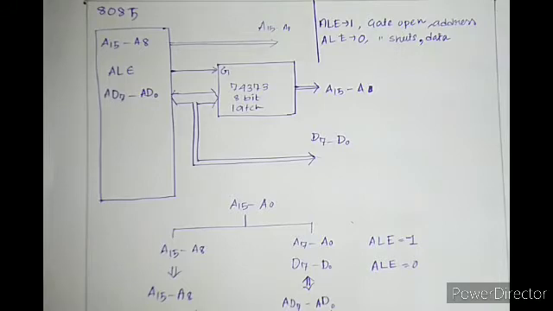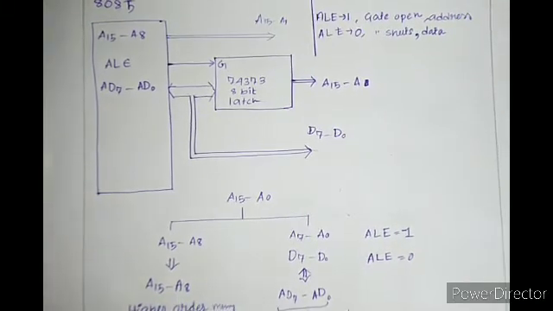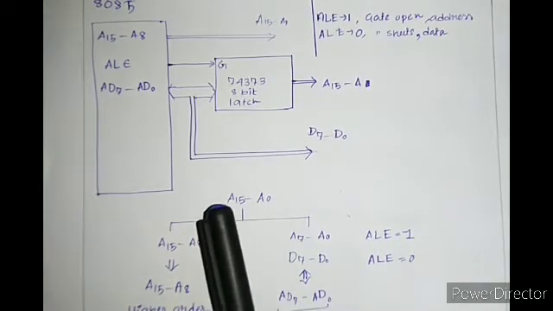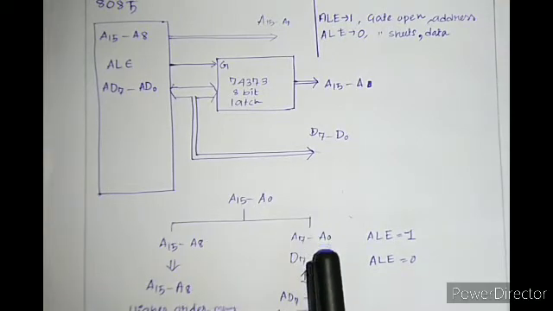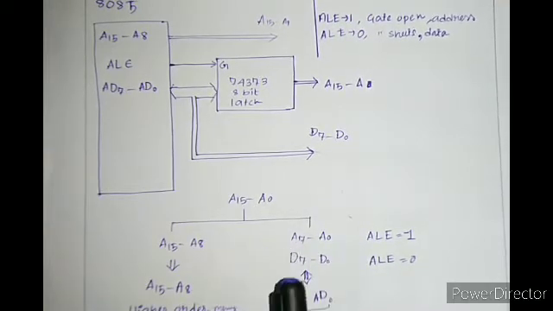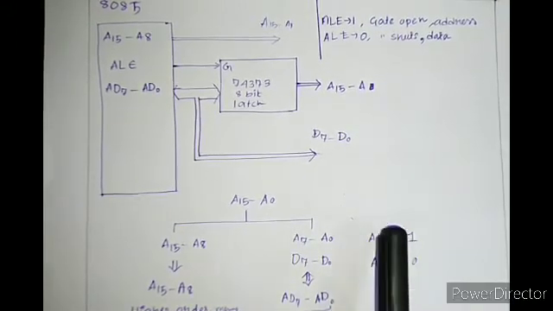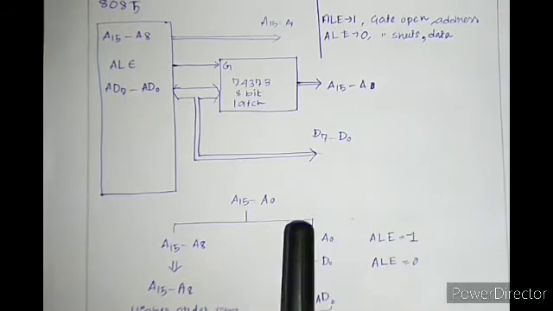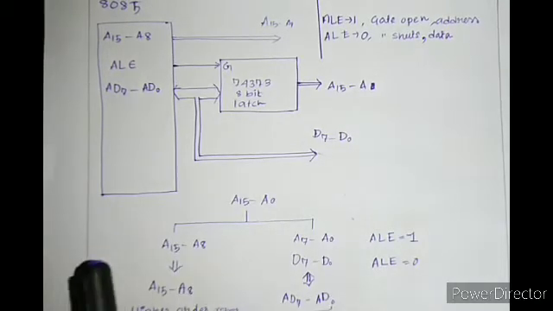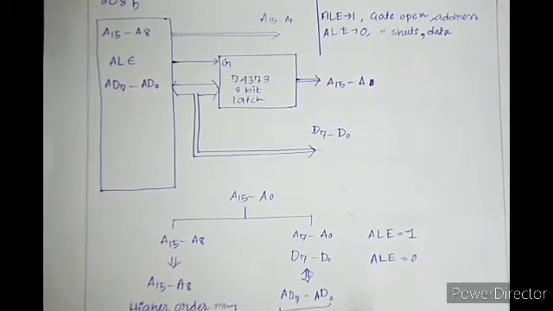So to reduce the number of buses and also the size of the MPU, there is a facility in 8085 that these 16 lines, A0 to A15, are divided into two parts. A0 to A7 carries the lower order memory address, LOMA, it's a short form, okay? And the next one is A8 to A15. This is the higher order memory address.